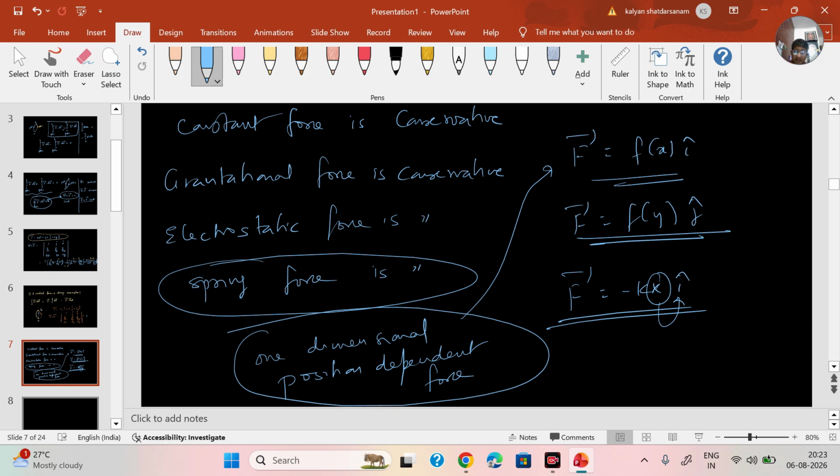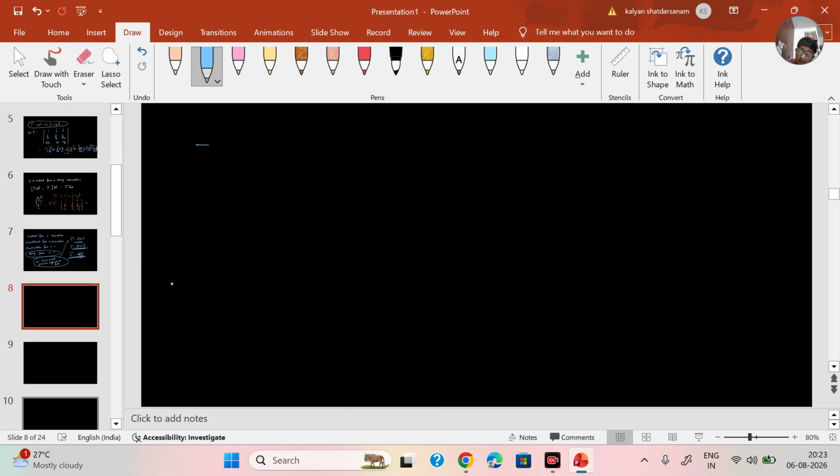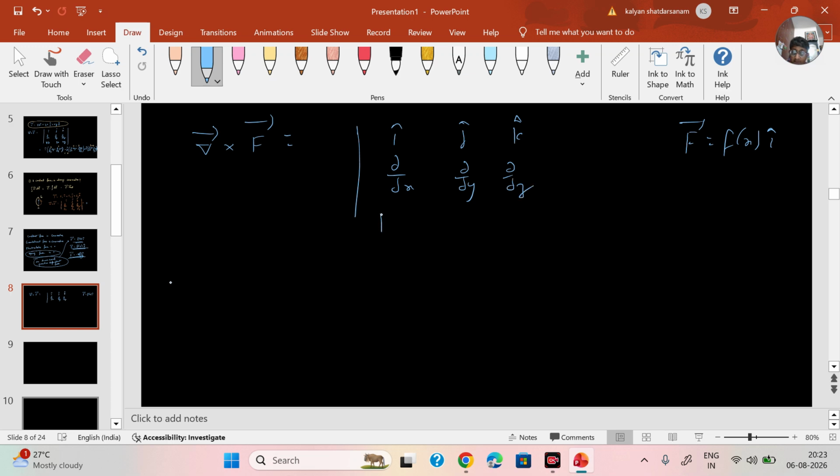How do you know that these are conservative? Well, use del cross F. If I take this force as f of x i, a one-dimensional position-dependent force, then I have i, j, k, dou by dou x, dou by dou y, and dou by dou z, and F of x, y is 0, z is 0, only the i component is there.